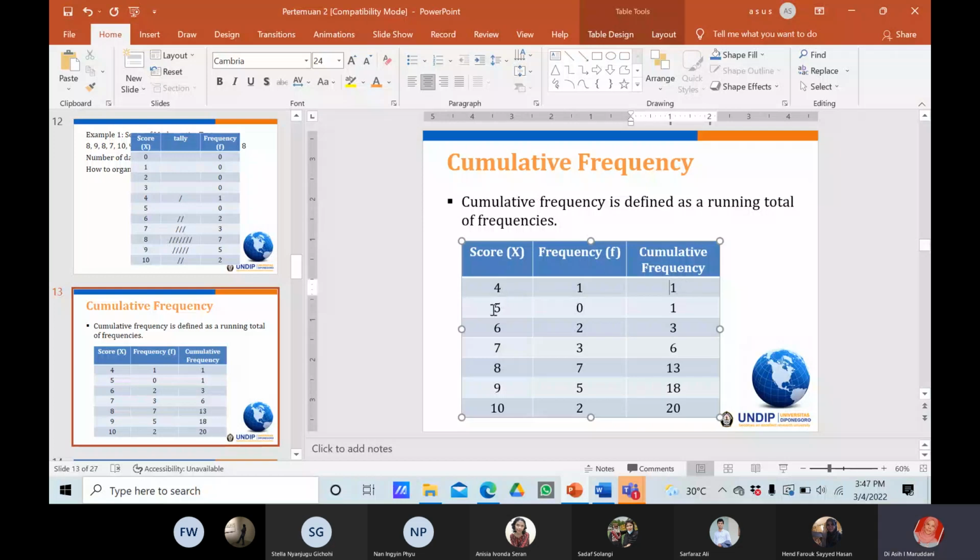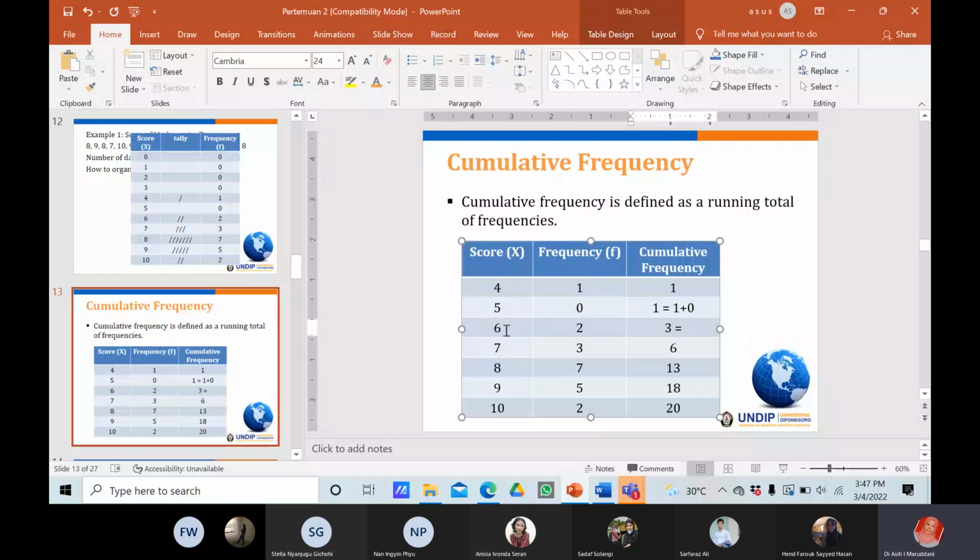For the second row, just one student has a score less than or equal to 5. The 1 in this row comes from the 1 in the previous row plus 0, the frequency of 5.